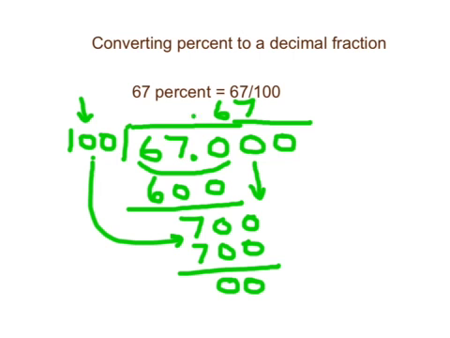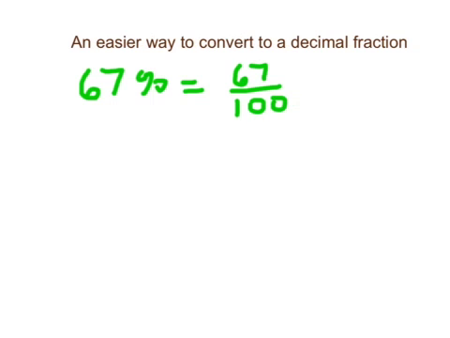We're supposed to put a decimal point there because there was a decimal point down below it, right down here. So the answer is 0.67. That's the decimal fraction, which is the same as 67/100ths.